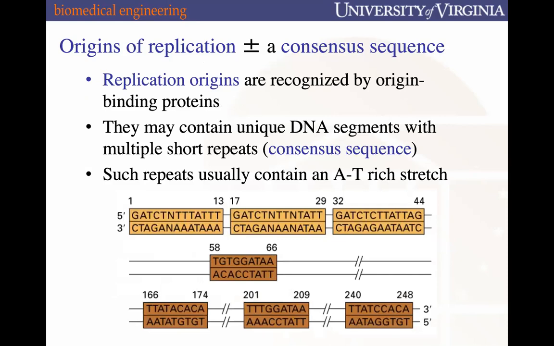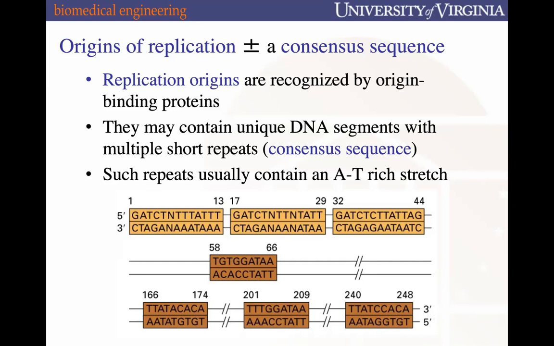So the natural question as a result of this is, where does DNA replication begin? The sites where DNA replication begins we call origins of replication or replication origins. The replication origins are recognized by, for lack of a better name for them, origin binding proteins.